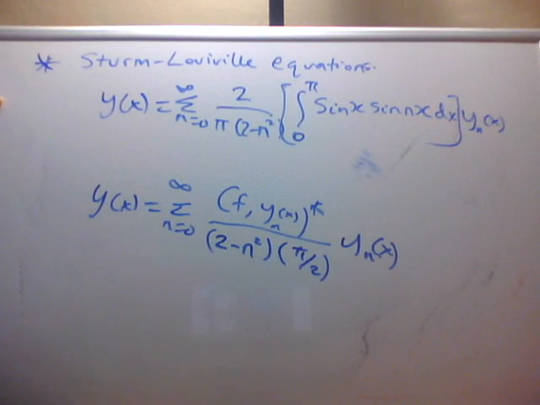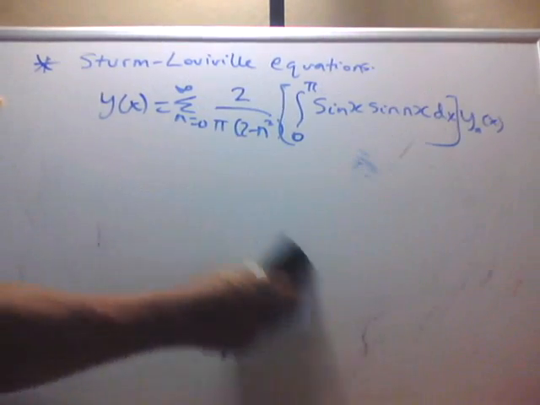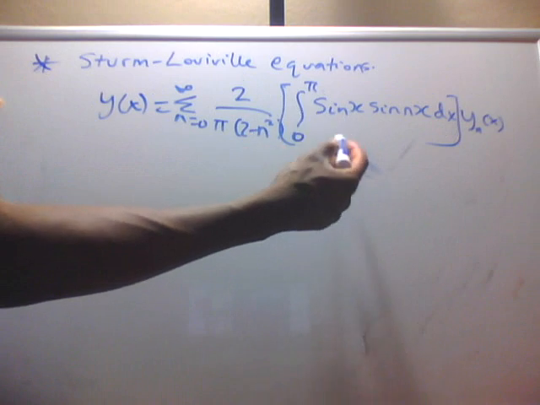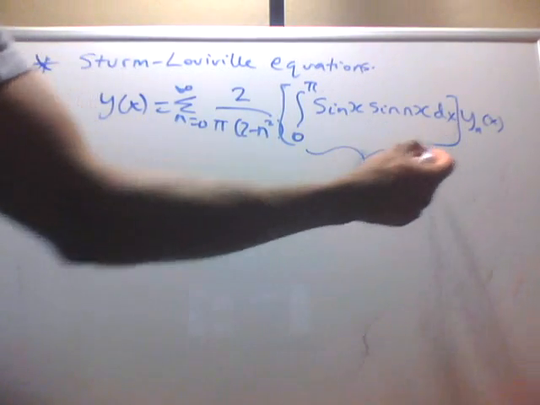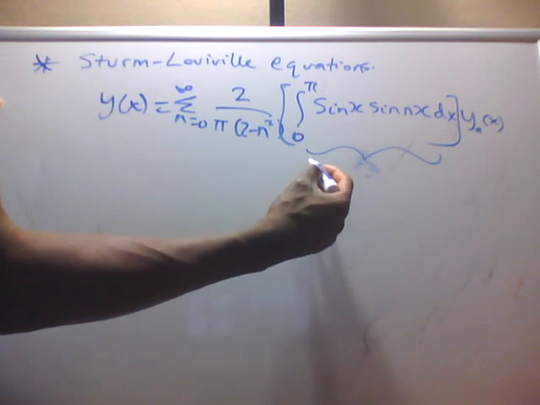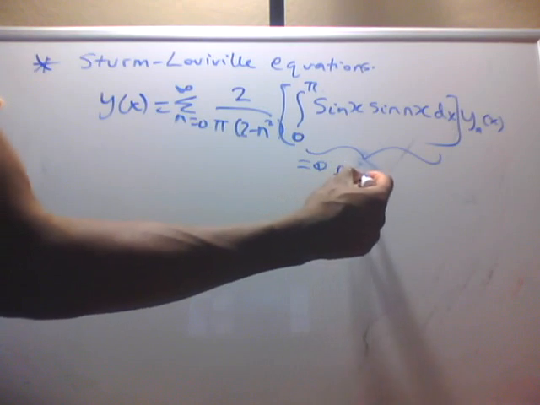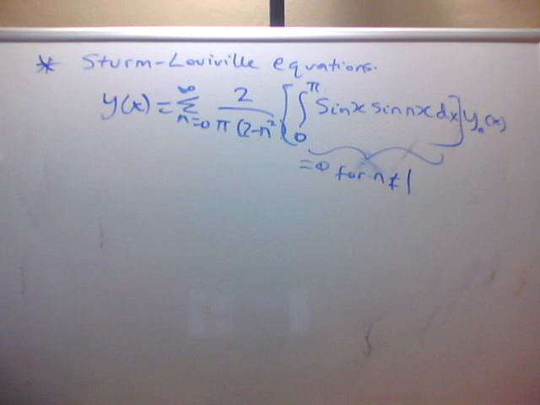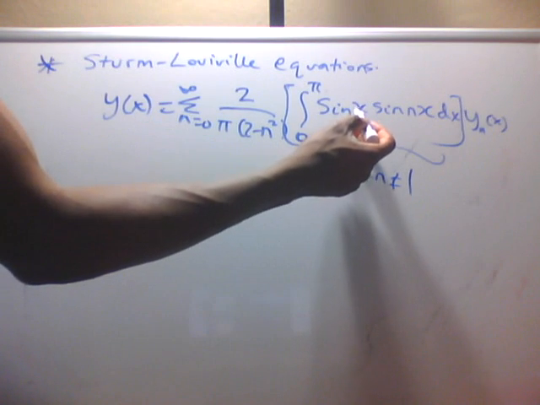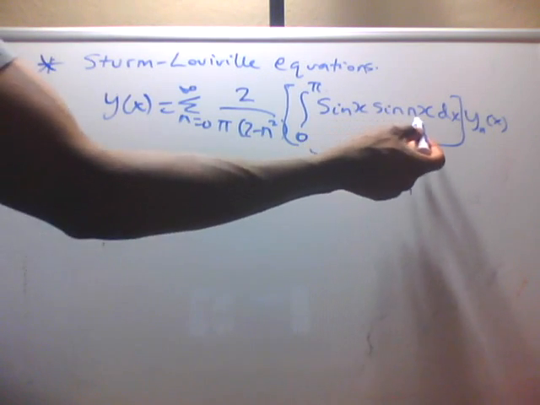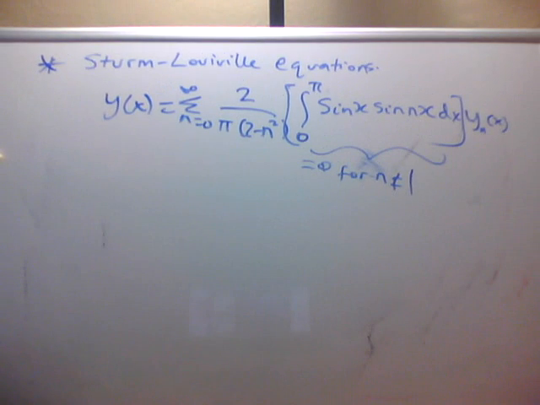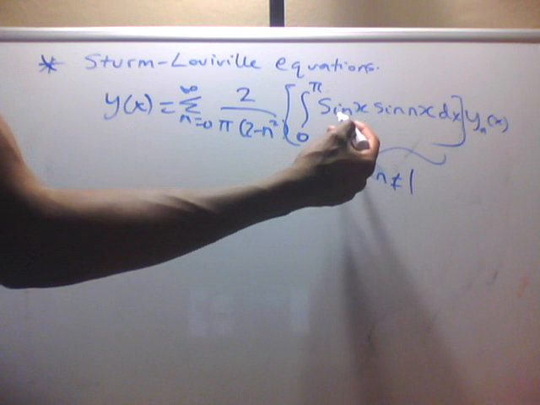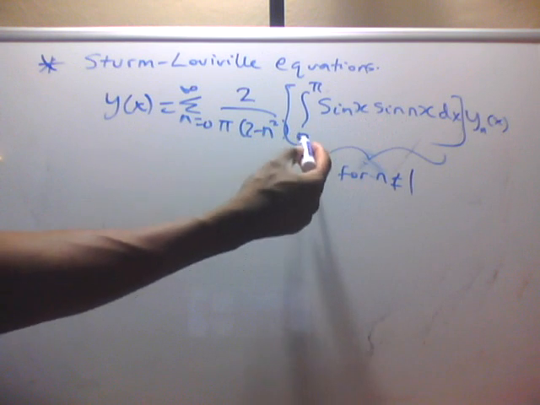Once we do that, we realize again that this is the same integral we're solving for to show orthogonality. Remember, this equals 0 for n not equal to 1. 1 is the prefactor of x here, and that's n. So we're really left with the square norm of sine x here.